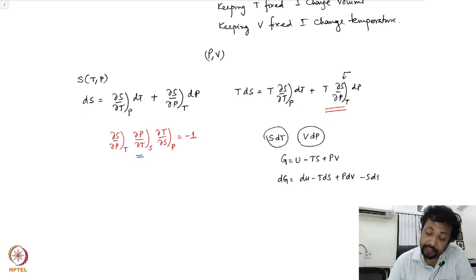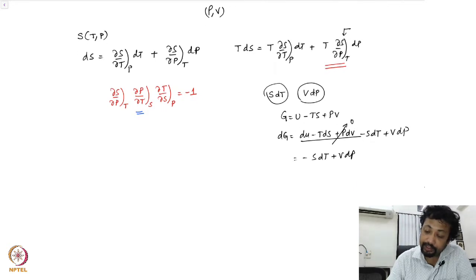Minus TdS plus VdP. This by first law is 0, so minus TdS plus VdP. Therefore, del S del P at constant temperature is minus del V del T at constant pressure.